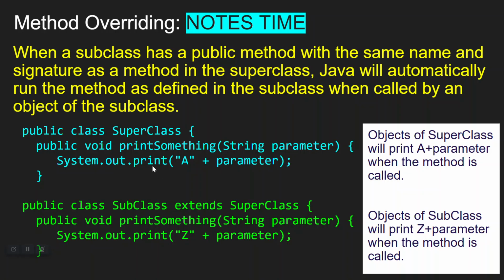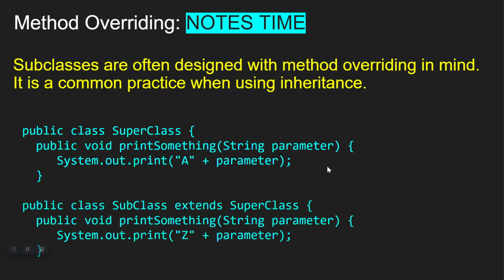But if I create an object of the subclass and call the exact same method, it's going to print z plus the parameter. And that's because this is an overridden method, since it's got the same signature and method name.